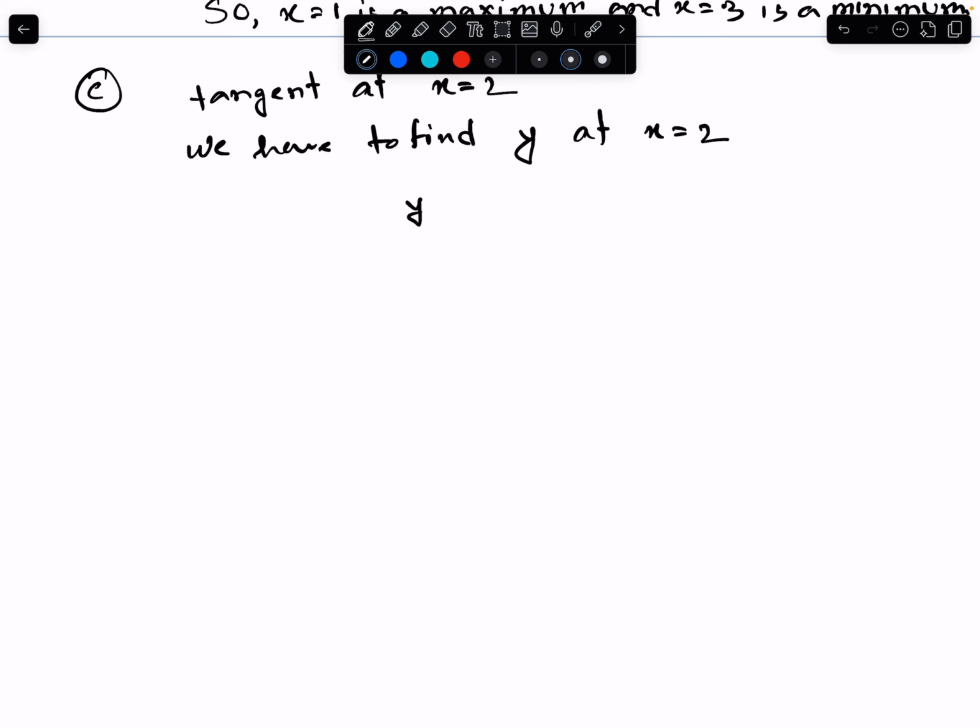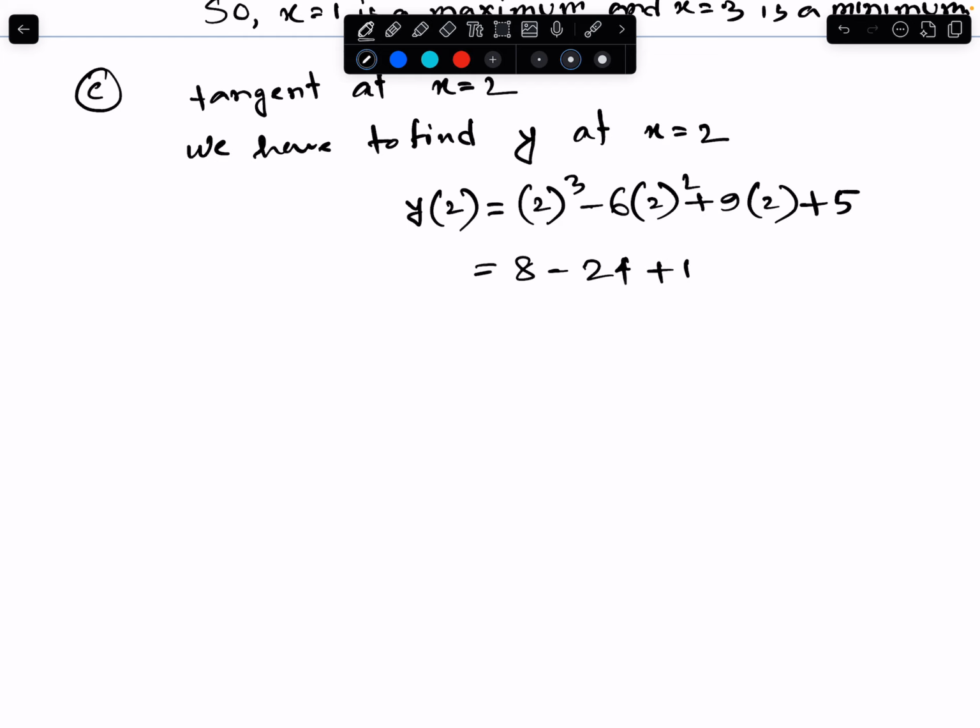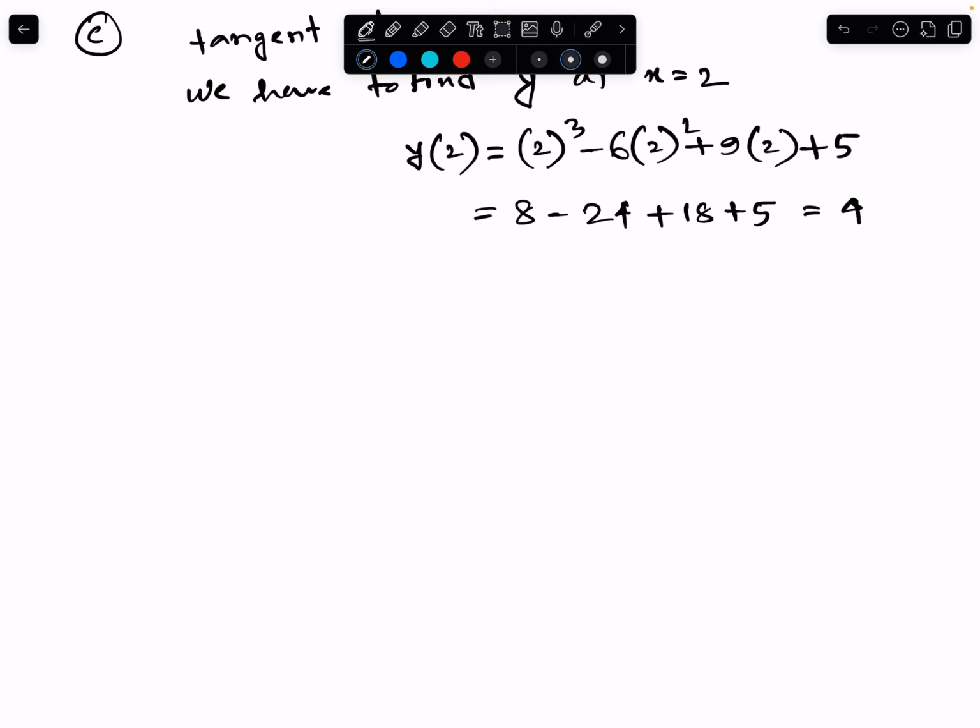So y at 2 is equal to 2 cubed minus 6 times 2 squared plus 9 times 2 plus 5, which is 8 minus 24 plus 18 plus 5, which is 4. This is our value.